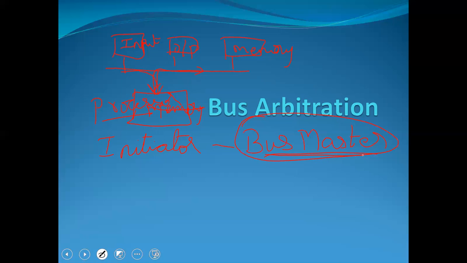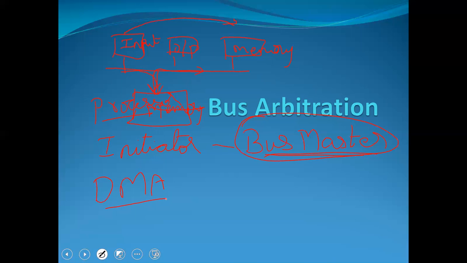Now you have seen the concept of DMA, direct memory access. In direct memory access, once the processor gives the authority to the DMA controller of a device, the memory is accessed through the DMA controller directly, without the processor.